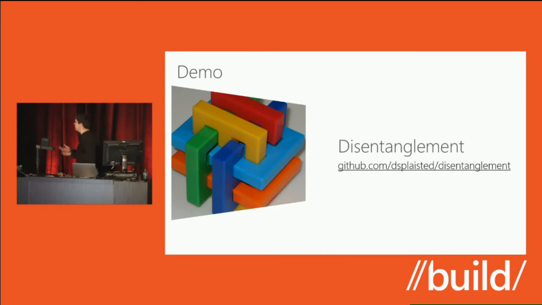So this was kind of a simple app, and there was a pretty simple separation between the portable code and the platform-specific code. The algorithms, the data structures, that's stuff that's really easy to put in a portable class library.